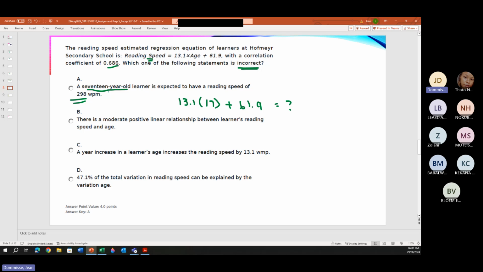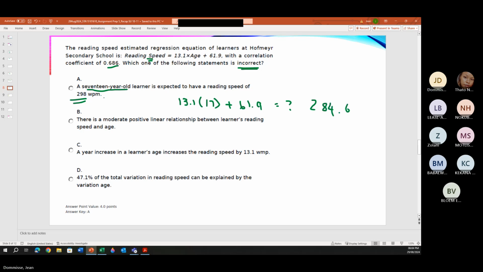Okay, so 13.1 times 17 is 222.7, plus 61.9 gives you 284.6.